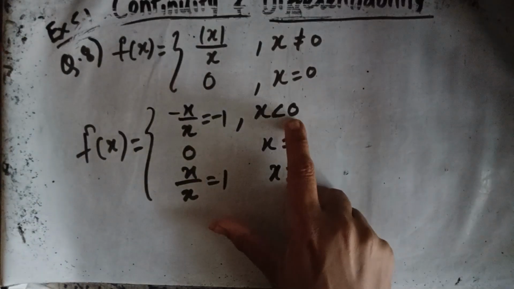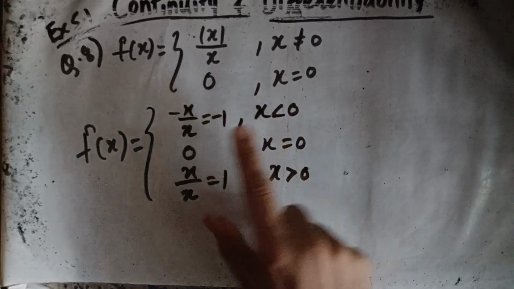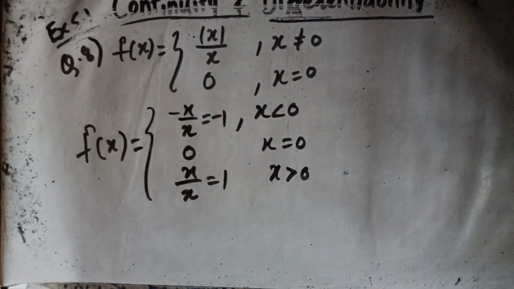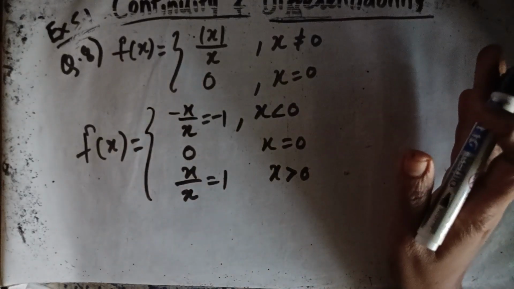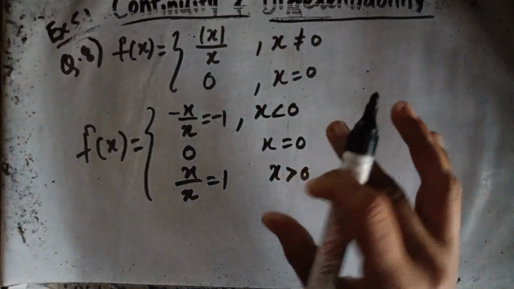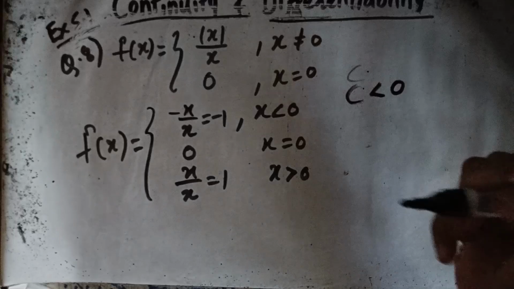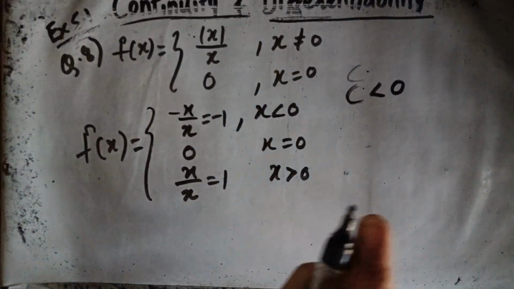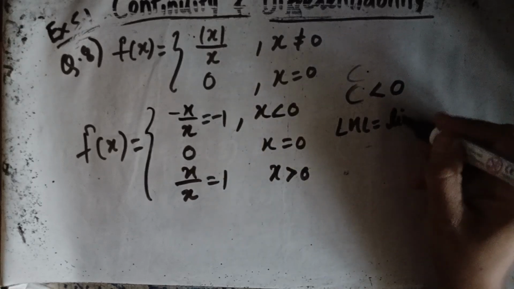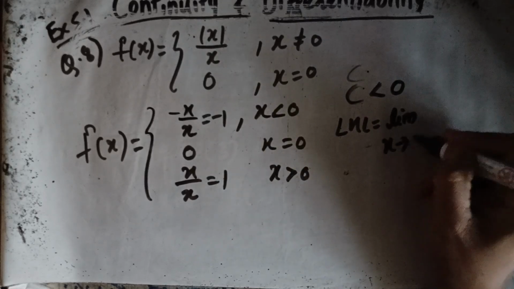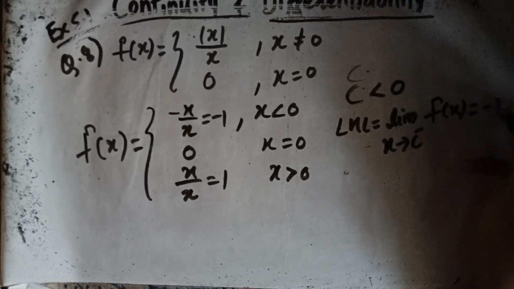Now when you approach from the left hand side, the value of the function is minus 1. Say we take any number, not exactly 0, say c. When c is less than 0, we are approaching from the left hand side, that is the LHL, limit as x tends to c minus, and the value of that function is minus 1.